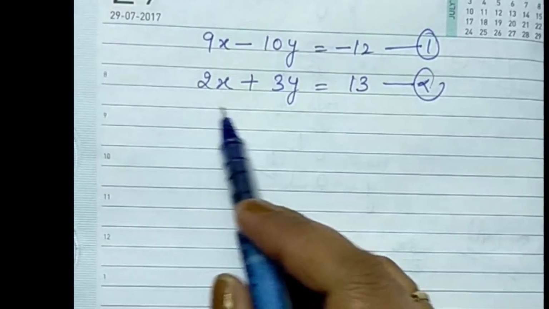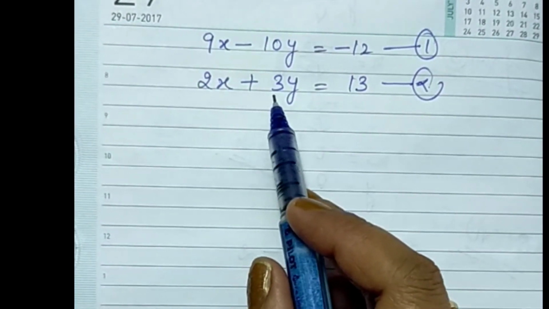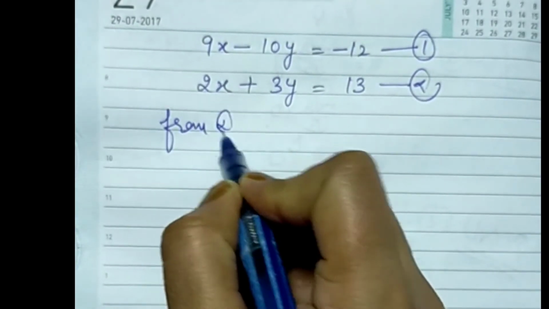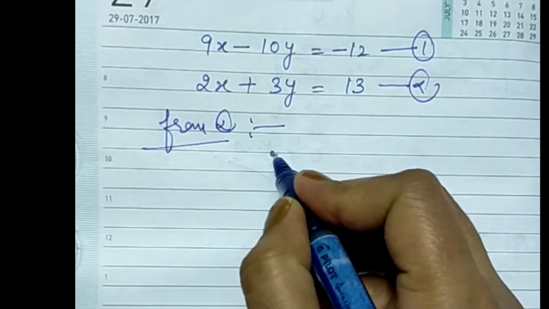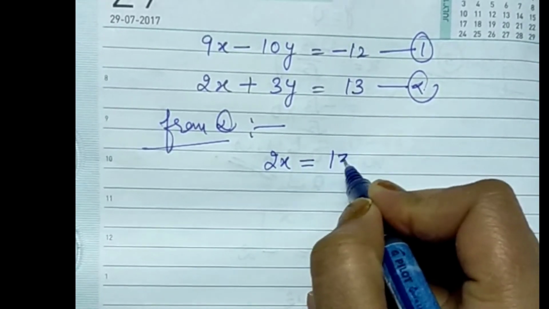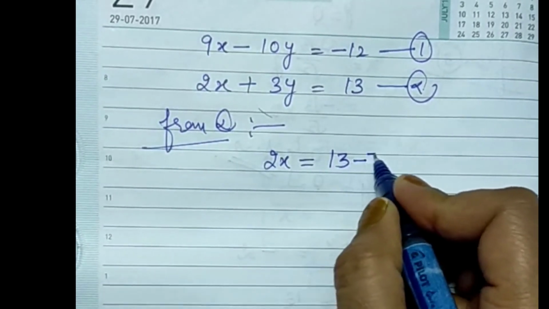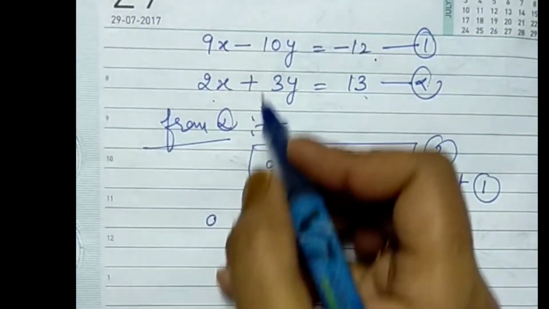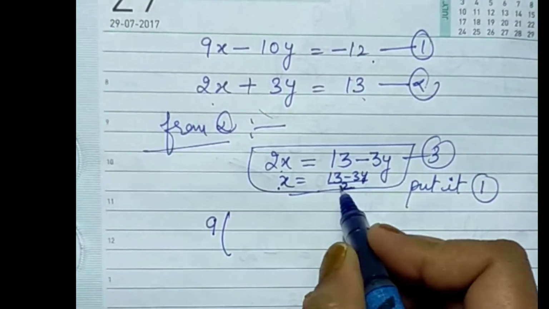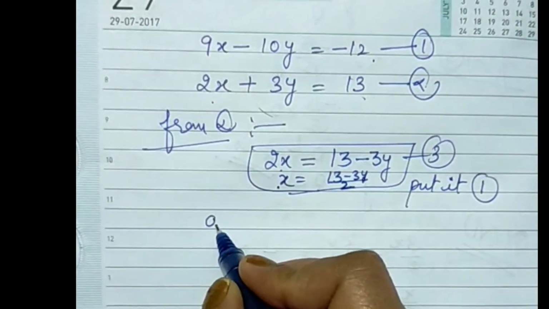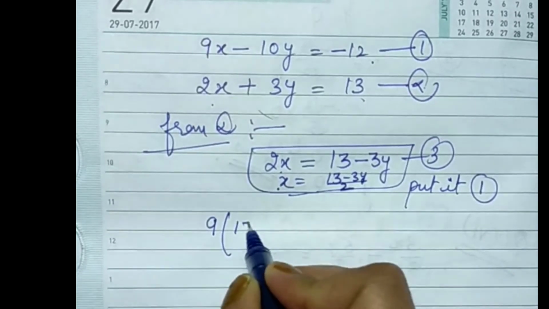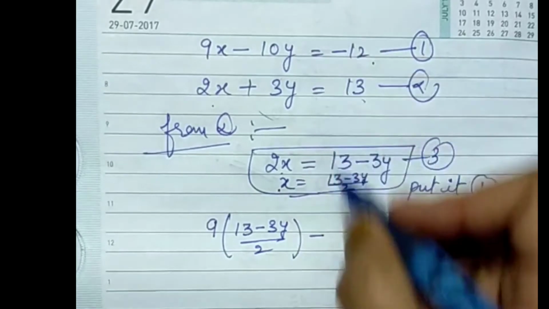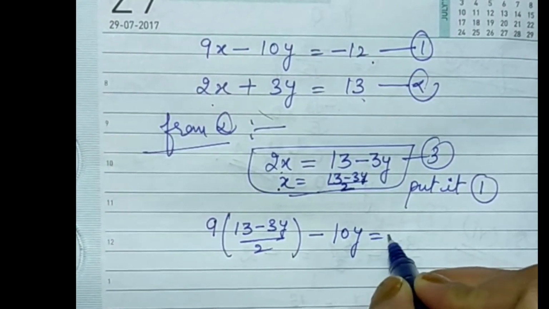So let's find our substitution value. I'm taking it from the second equation now. From 2, 2x is equal to 13 minus 3y. So the value of x will be 13 minus 3y by 2. Put it in 1. So this becomes 9 times 13 minus 3y over 2 minus 10y equals minus 12.